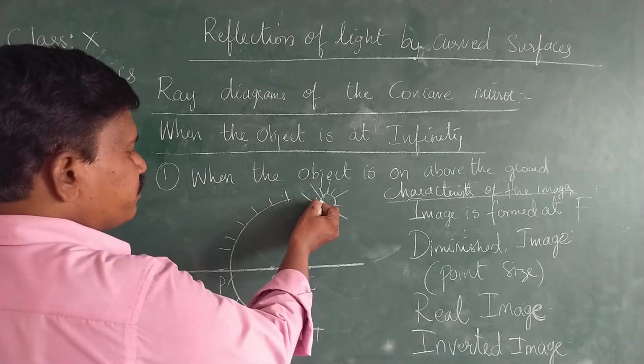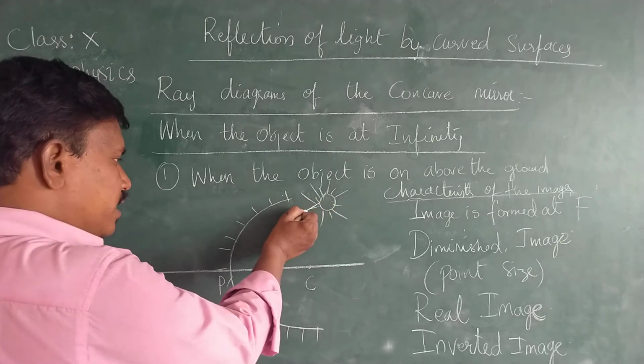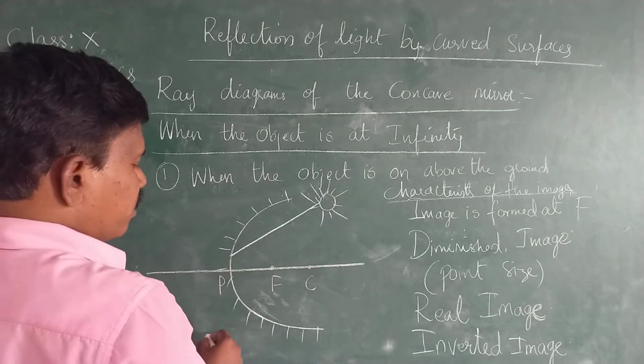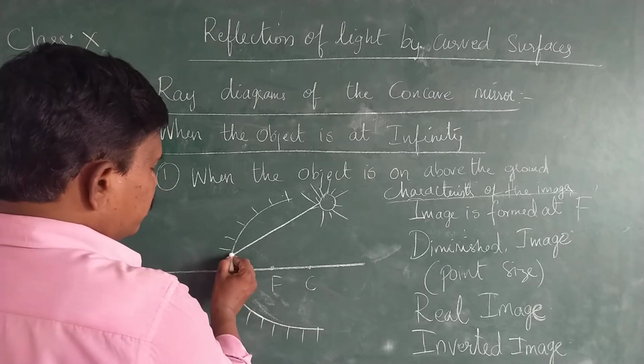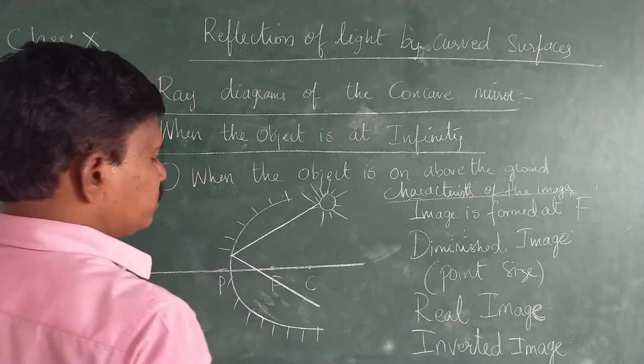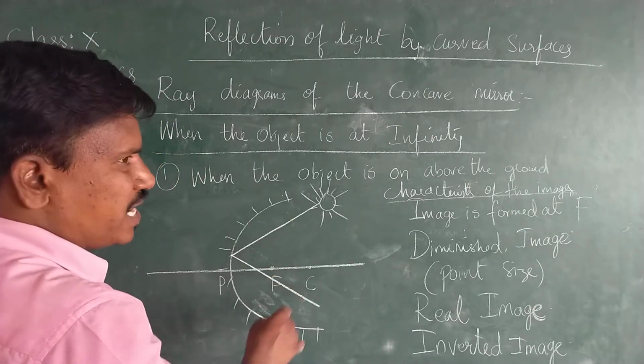That means when the light ray is incident over here, it will form like this. Okay, it won't pass through the focal point.